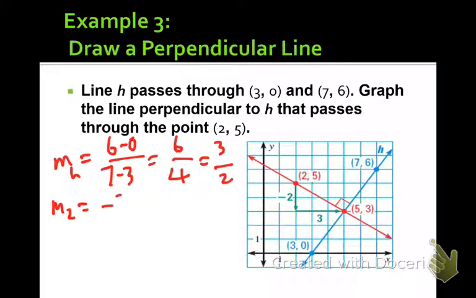Negative 2 over 3. All right, and then to find another point, on the graph they did that slope. They went down 2 and over 3, plotted the point, and then found its coordinates. Its coordinates were (5, 3).